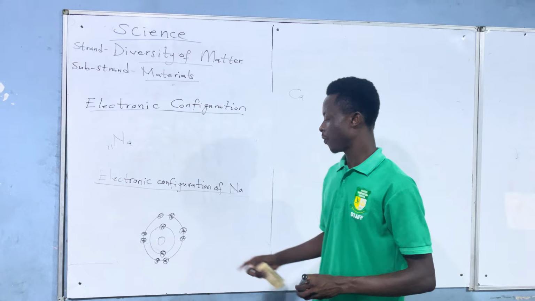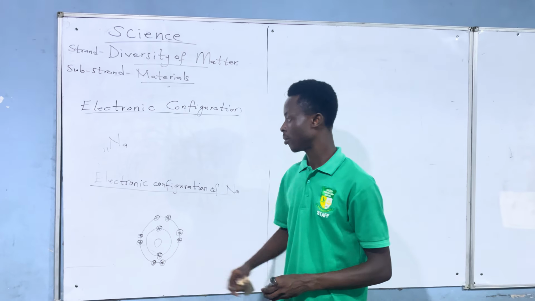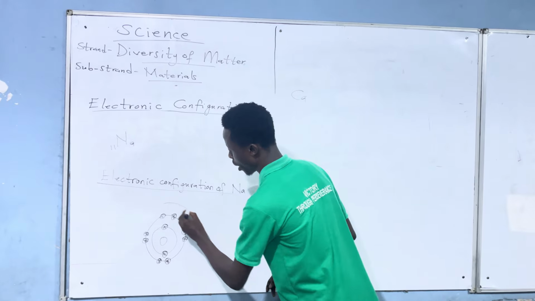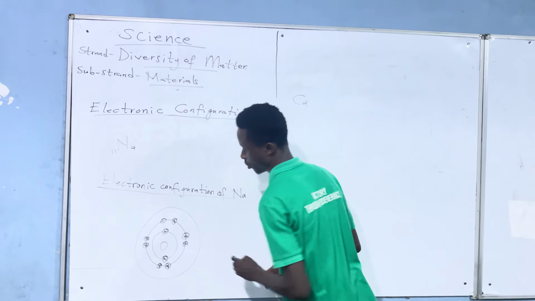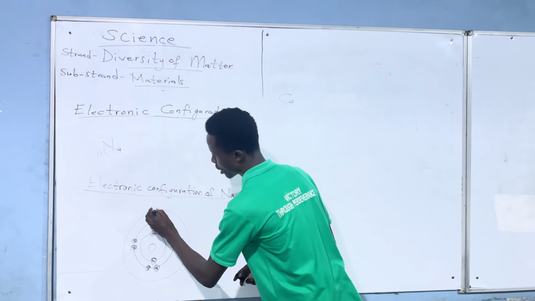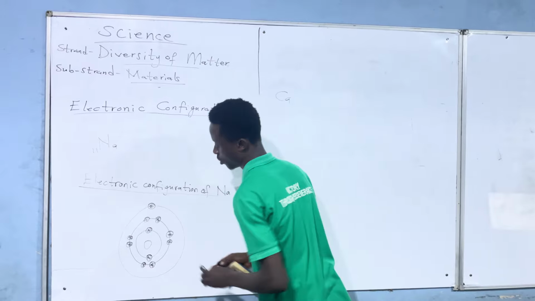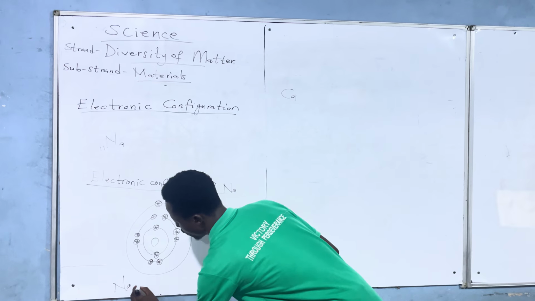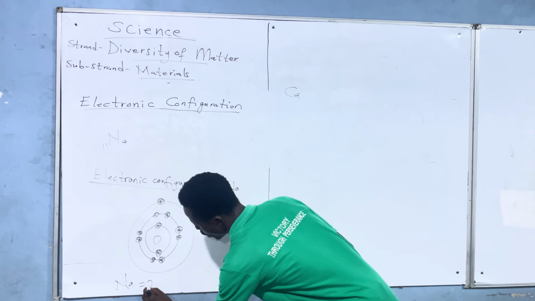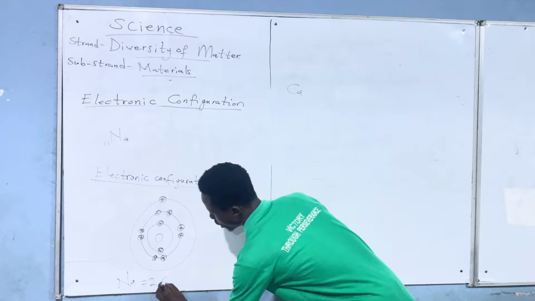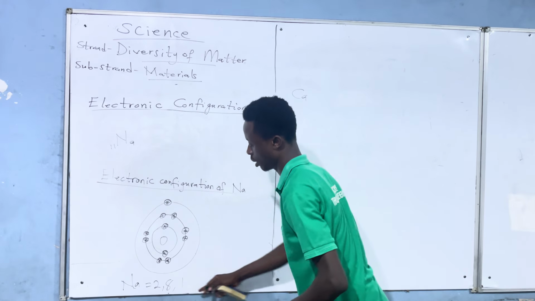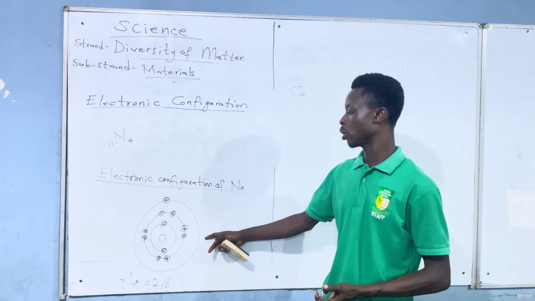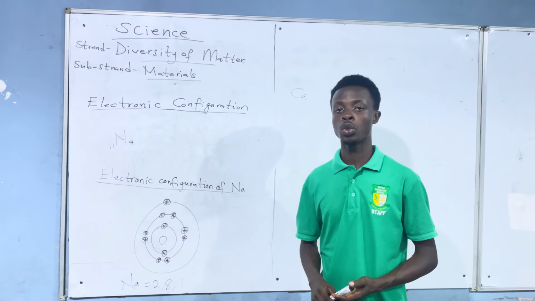So we have 10 electrons here, but we are left with 1 electron. So we draw another shell and represent that electron on that last shell. This gives us sodium having 2 electrons in the first shell, 8 electrons, and then 1 electron in the last shell. So this is the electronic configuration of sodium.